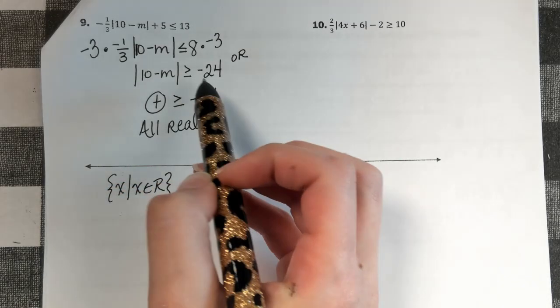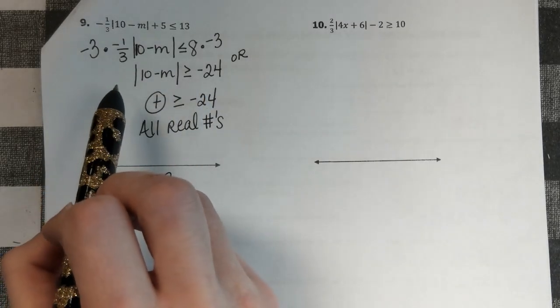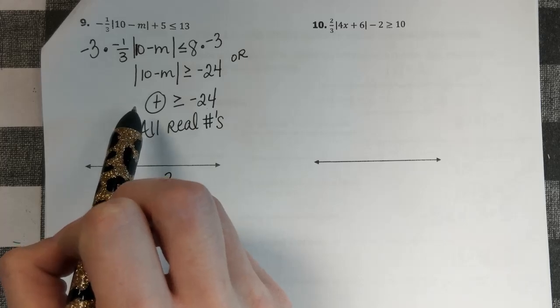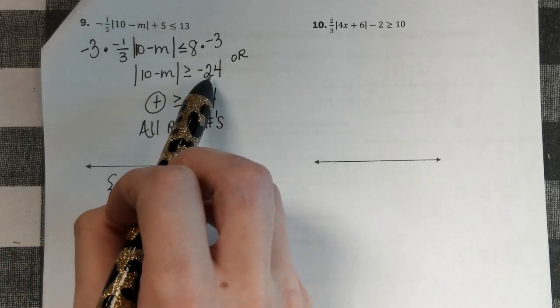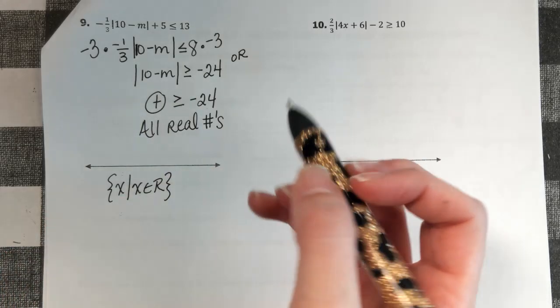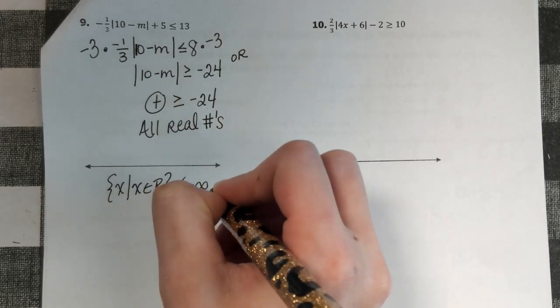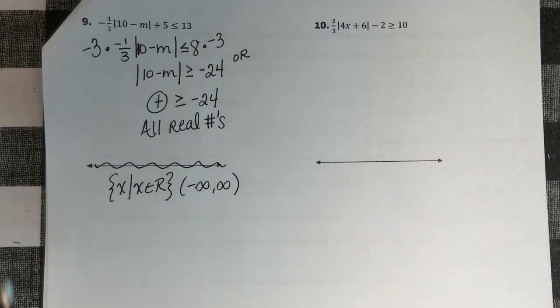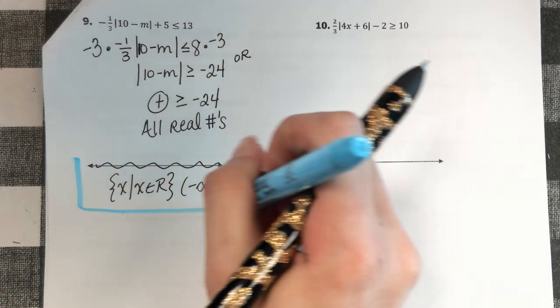But if you did 10 minus n is less than or equal to negative 24, then you changed the problem. Okay, so if you work it out, you have to be careful with that. But if you're catching that it's a negative and it's got to be something, then good for you.